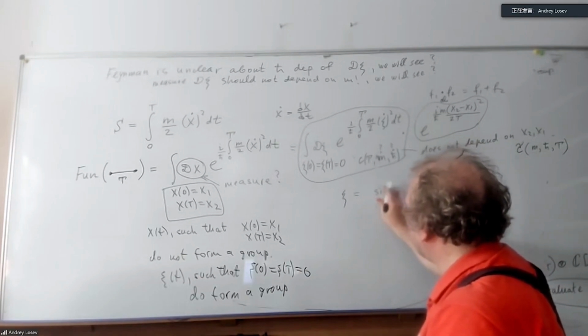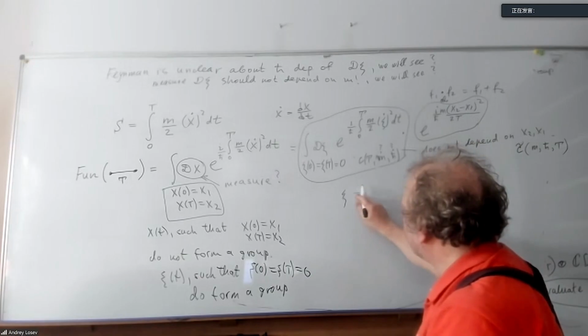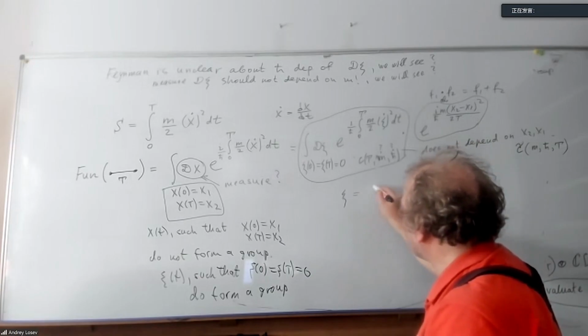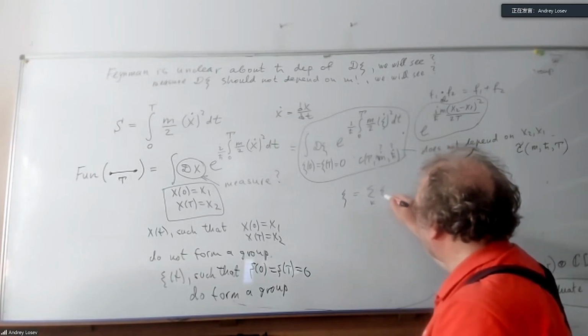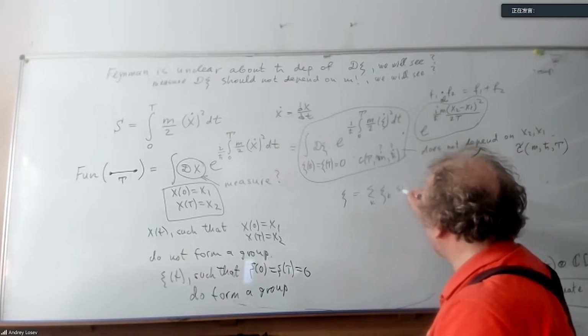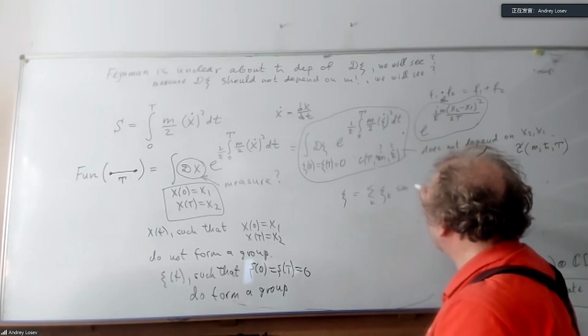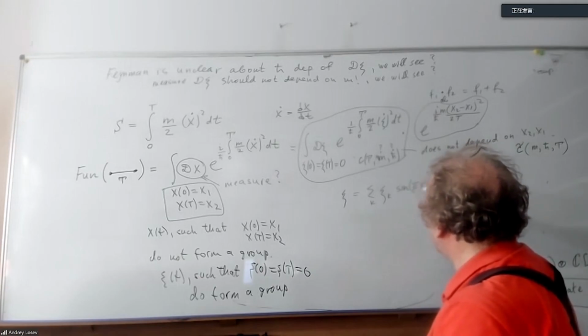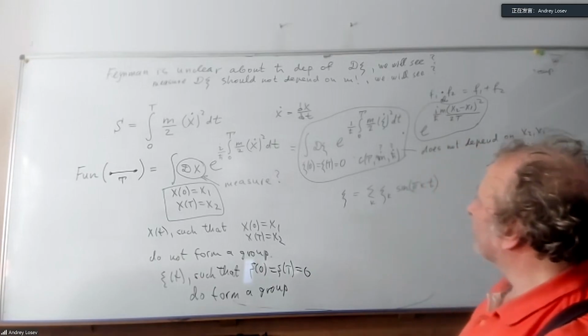Psi, so psi is a sum over k, psi k, sine pi kt. All right?